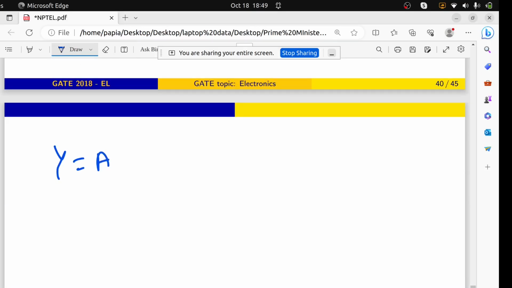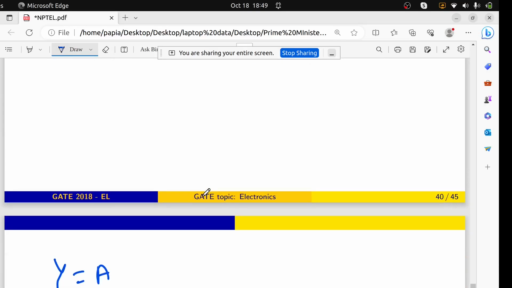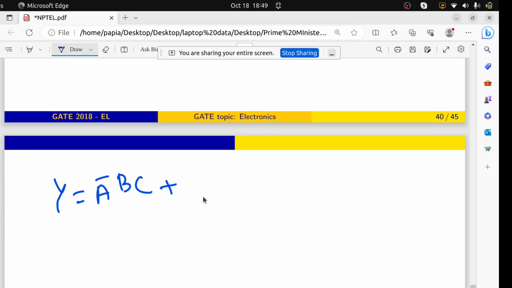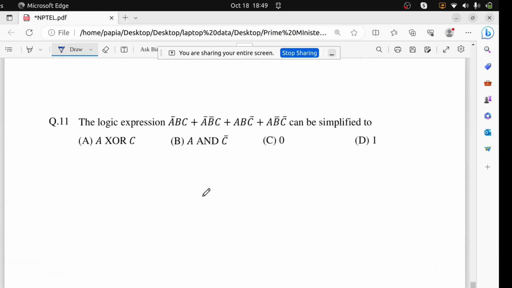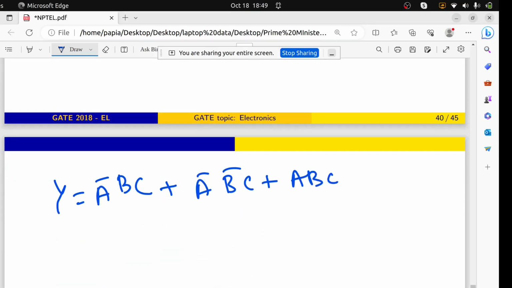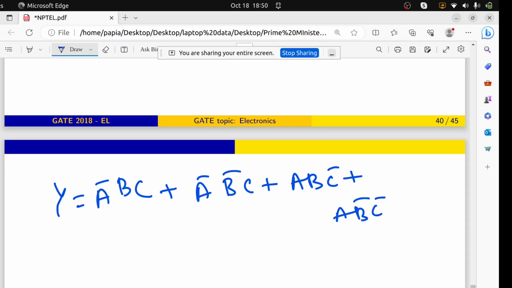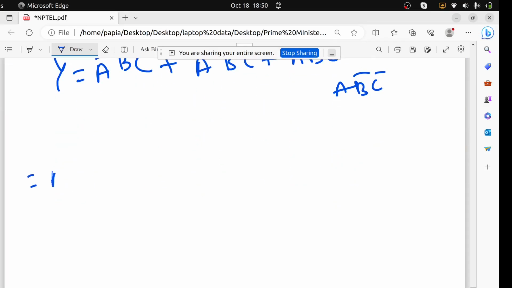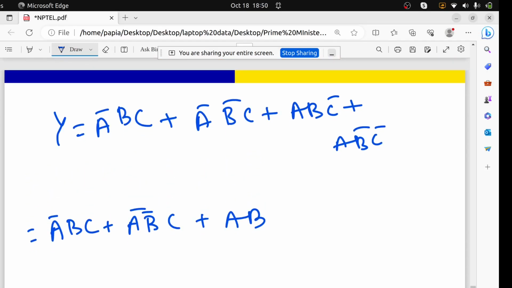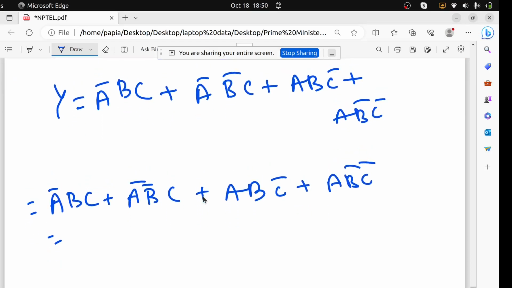Y is, let's say, A bar B C plus A bar B bar C plus A B C bar plus A B bar C bar. So you can do one thing.